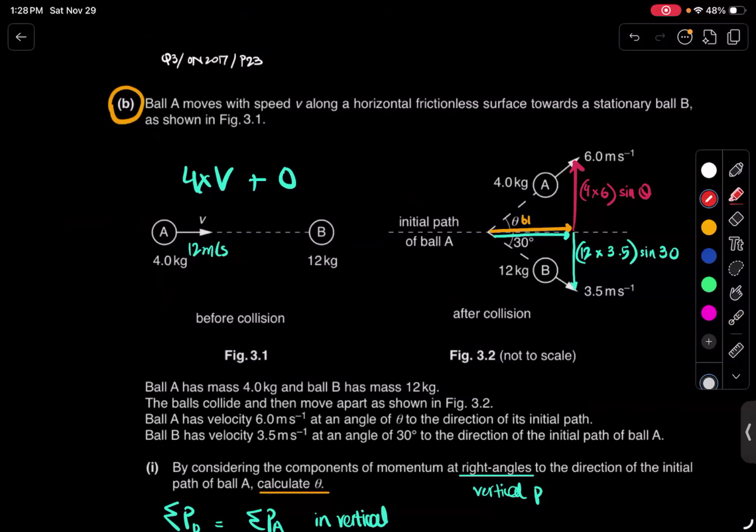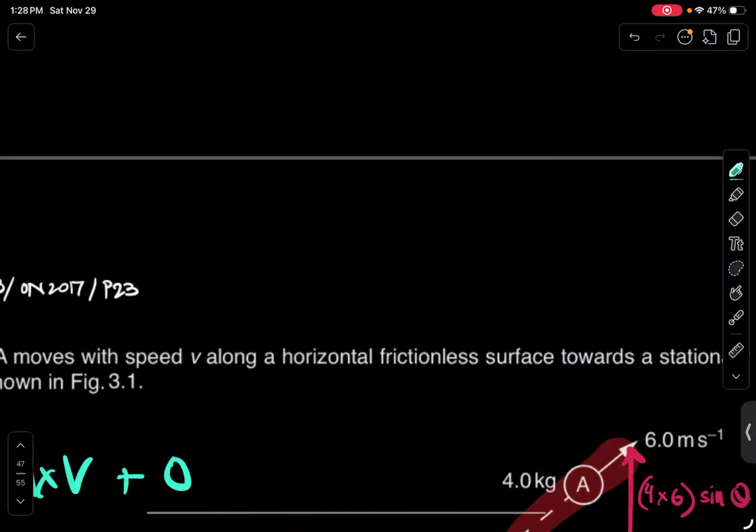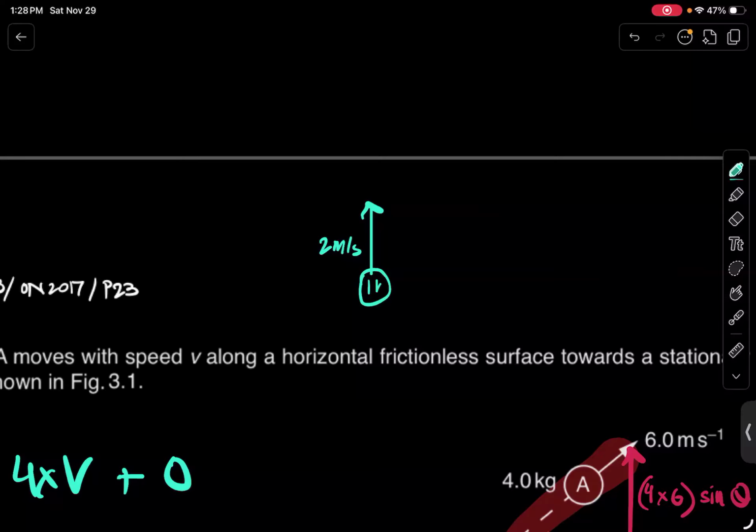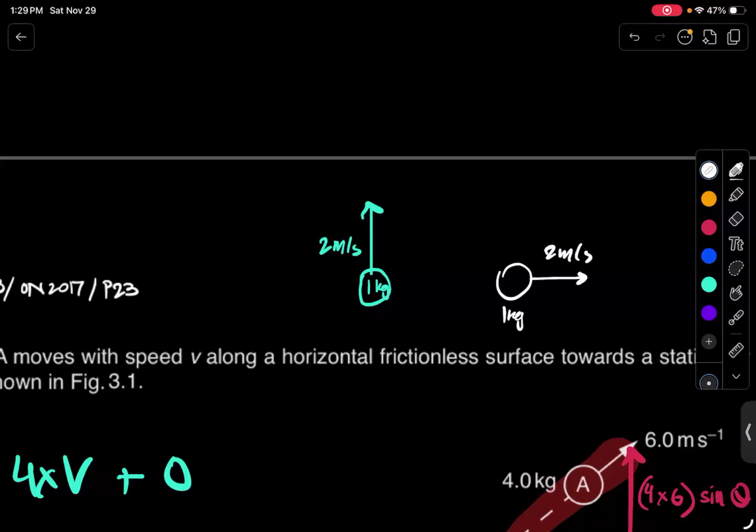So you take the resultant velocity over here, and the resultant velocity over here, and over here, right? Because kinetic energy does not care about the horizontal and vertical ones. It cares about the final resultant value. For example, if a ball is going up with a speed of 2 meters per second and a mass of 1 kg, and in the same way, a ball is going towards the right with 2 meters per second and a mass of 1 kg, what is their kinetic energy?